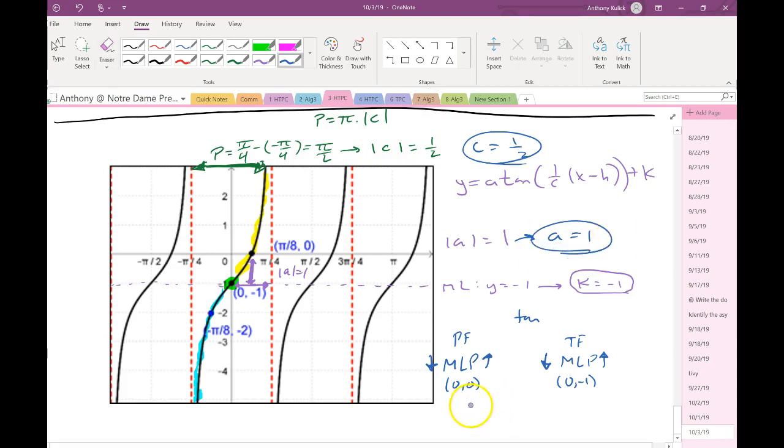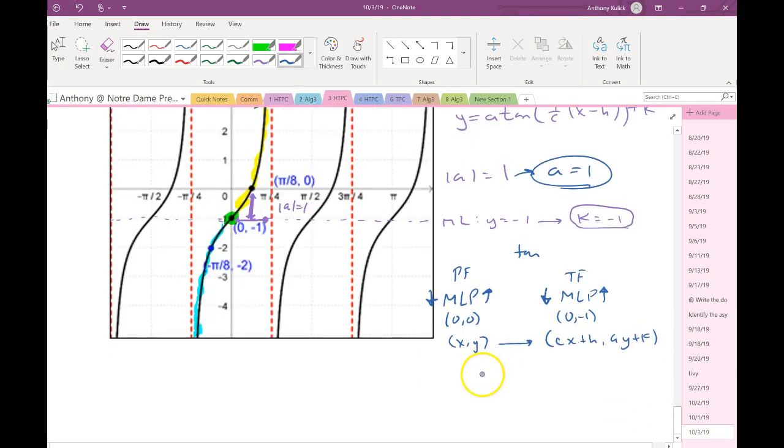and then to find my h, I can do this same thing, use my transformation map. So I have C times 0 plus h equals 0, or h is equal to 0.